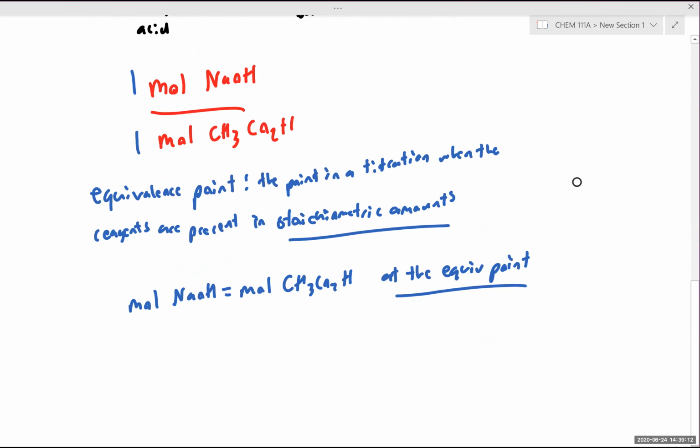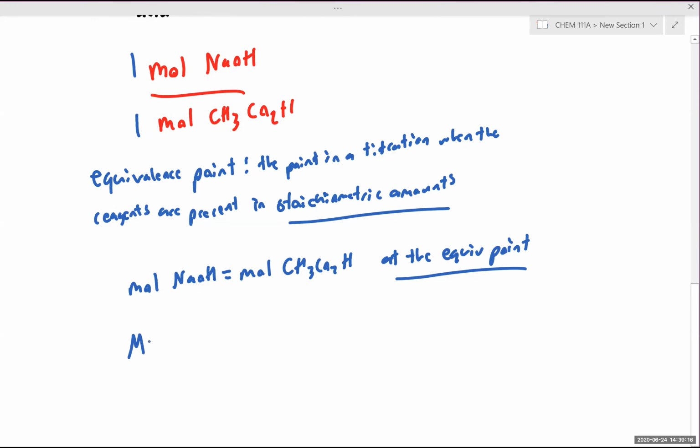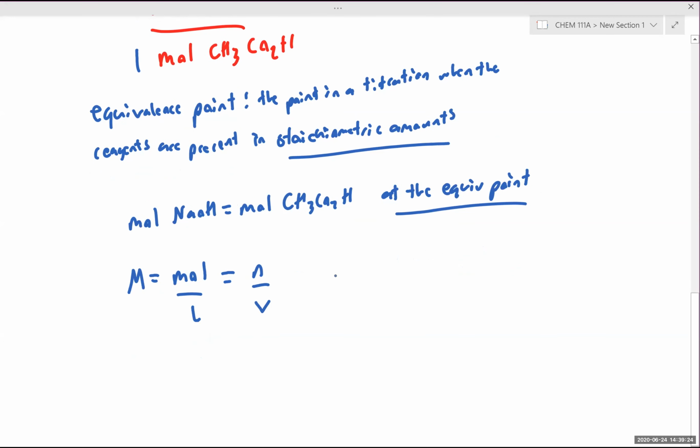Okay, now we can write moles in terms of concentration. Molarity is defined as moles over liters, or n over V. And so we can rewrite and solve and say that the moles of sodium hydroxide are equal to the molarity of our sodium hydroxide times the volume of sodium hydroxide added.